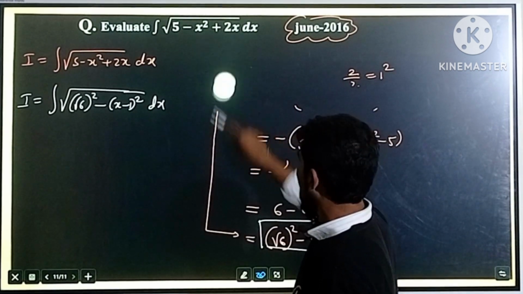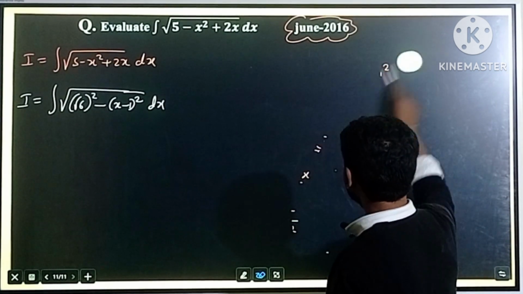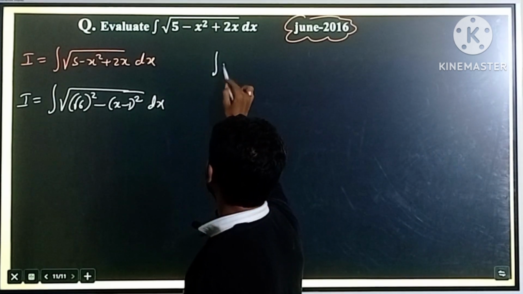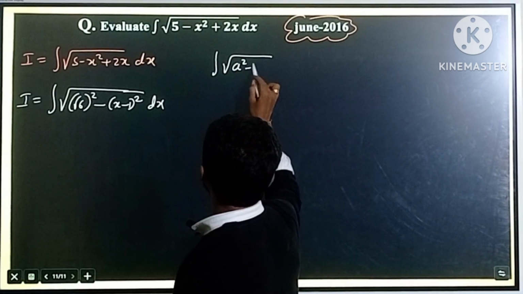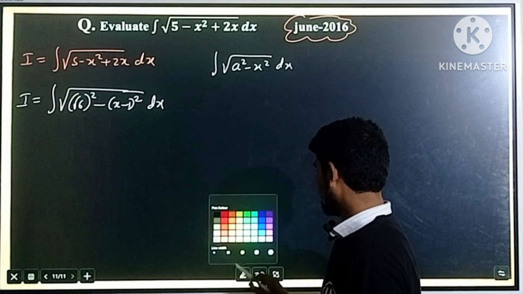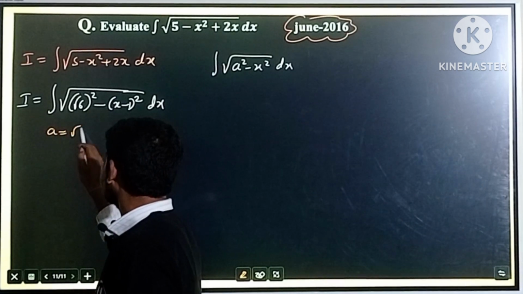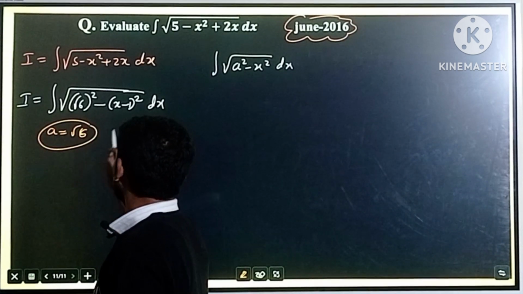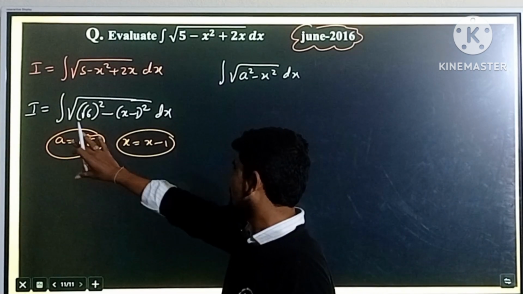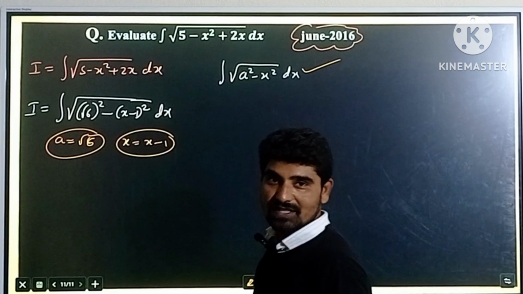This obtained integration problem is of the form integration of the square root of a square minus x square with respect to x, where a is root 6 and x is x minus 1. Just substitute the values of a and x in the formula of this particular function.